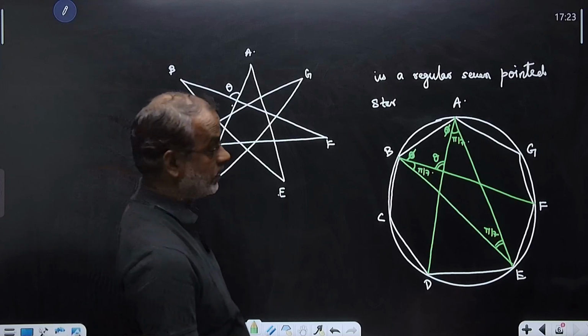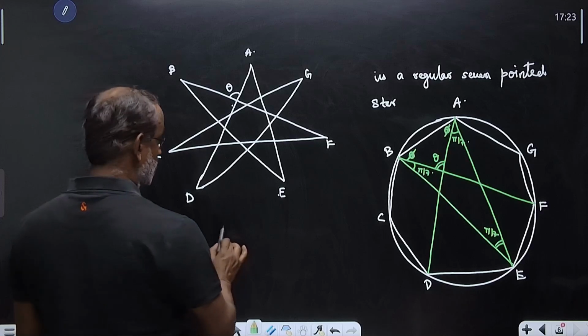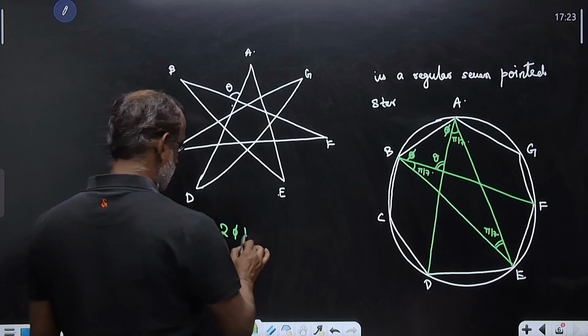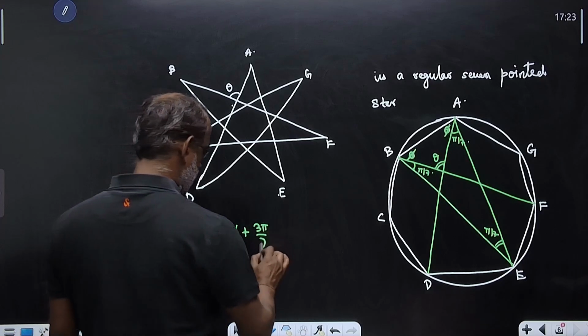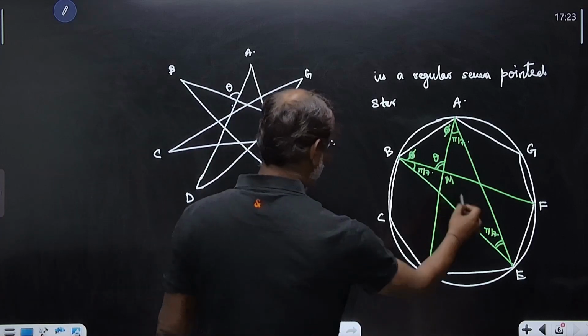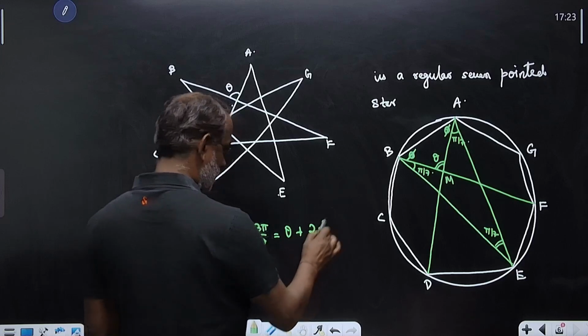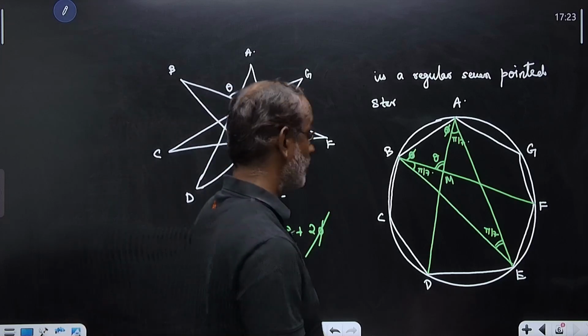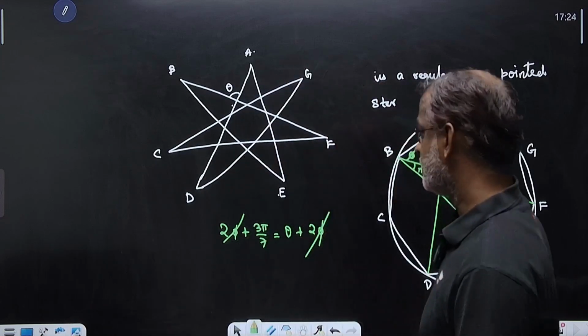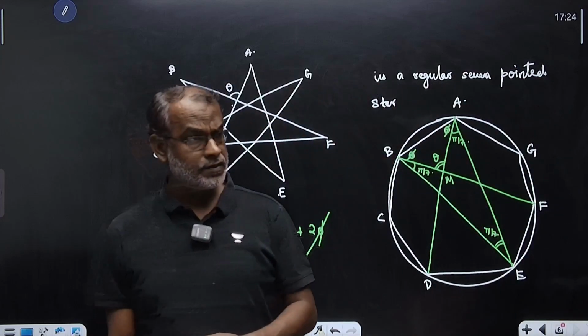See, angles of triangle AB you can say is 2 phi plus 3 pi by 7, and angle of triangle ABM is theta plus 2 phi. So theta is nothing but 3 pi by 7. These sort of questions you can expect in examinations.